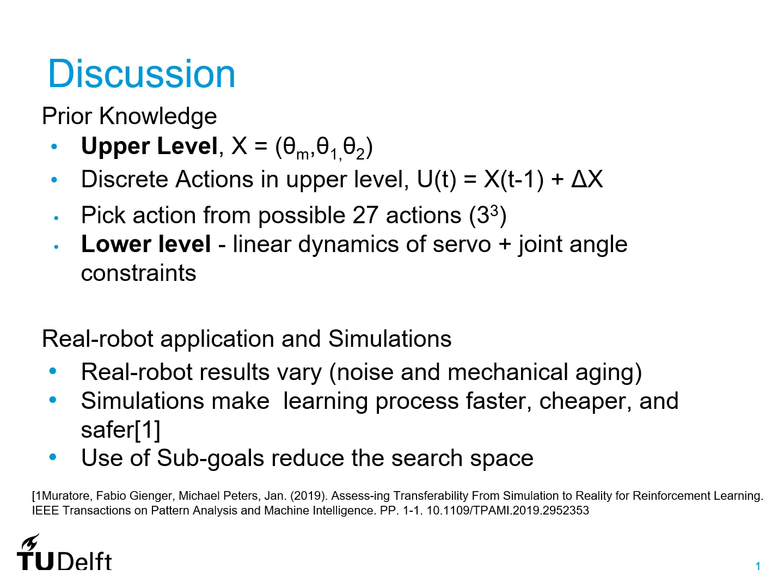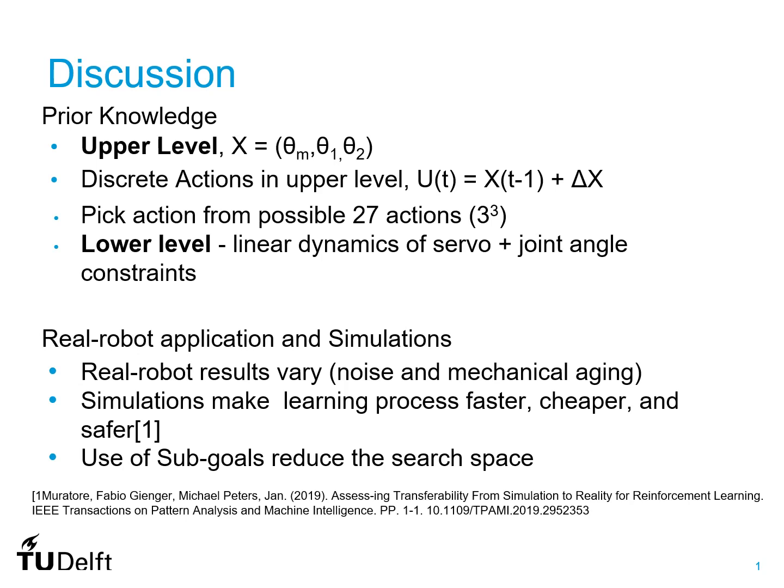So in the discussion, I would like to talk about the advantages of hierarchical learning and the method used by the authors to implement the hierarchical learning. Talking about prior knowledge, one of the main advantages here is that the authors have used prior knowledge in both the upper and lower layers.